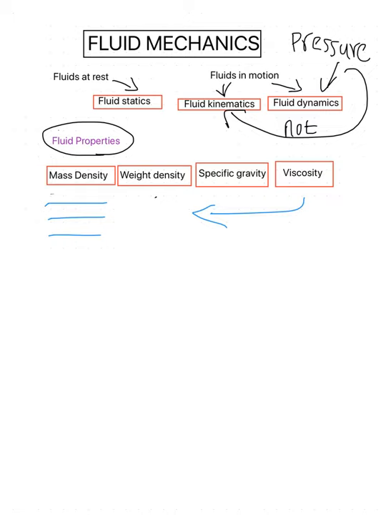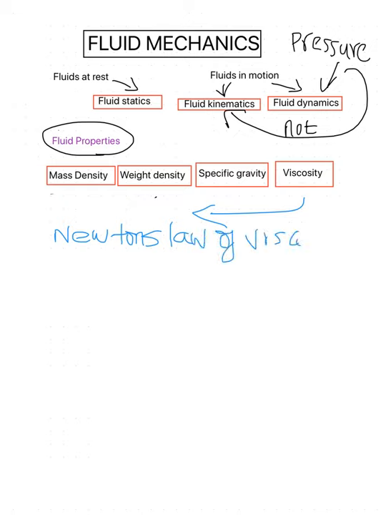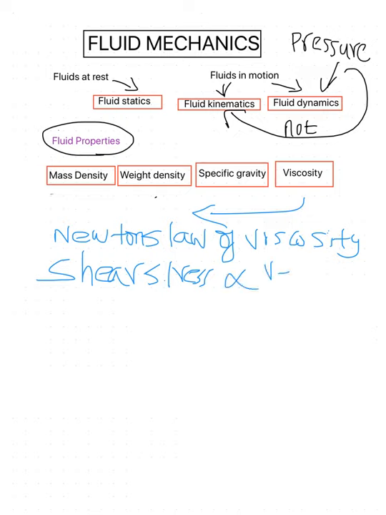Now when you learn about viscosity, you need to understand a law which is called Newton's law of viscosity. Newton's law of viscosity states that the shear stress is directly proportional to the velocity gradient.